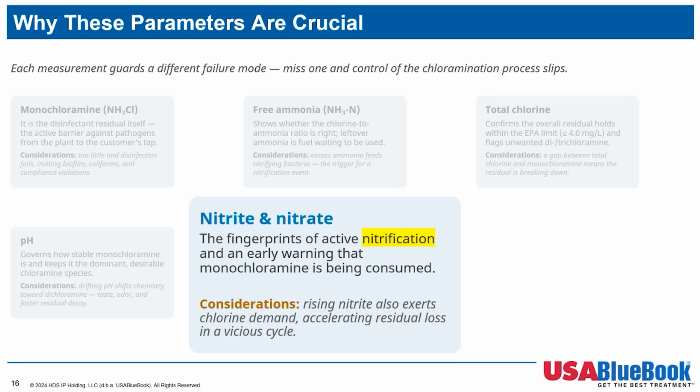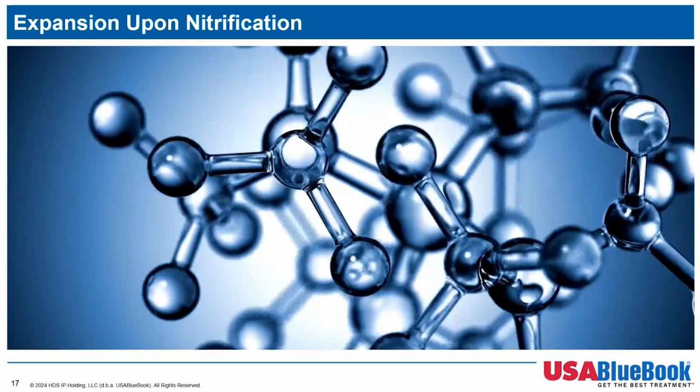Now, stepping back and looking at all five, monochloramine, free ammonia, total chlorine and pH are things you control. Nitrite and nitrate are things that happen to you when the first four get away. That's why you measure them together. Any one alone is a snapshot. Together, they're a diagnosis. And on the next slides, let's look at nitrification proper.